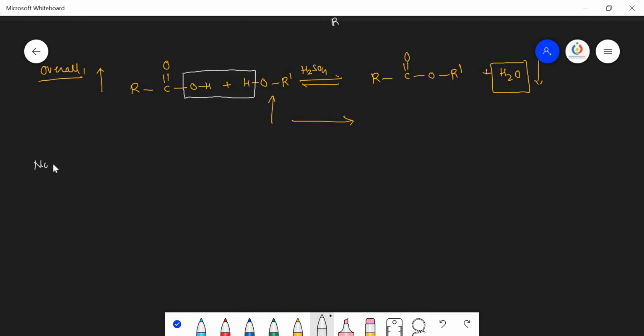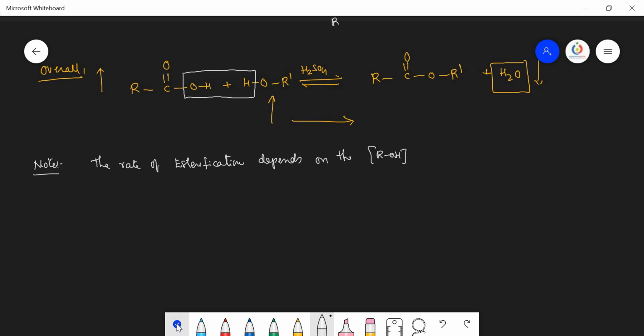Note, the rate of this reaction, the rate of esterification, depends on the concentration of alcohol. So increasing the concentration of the alcohol or decreasing the H2O molecule by removing it will shift the reaction towards the product side.